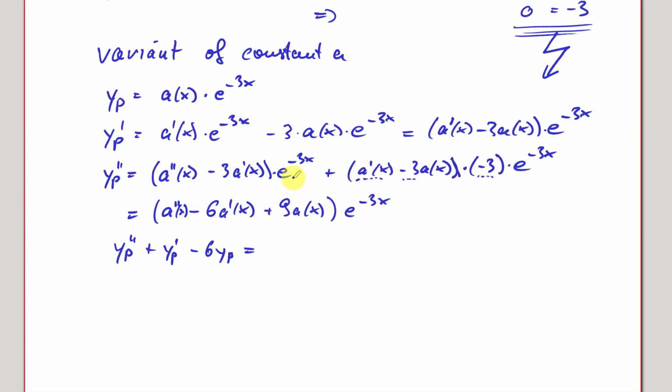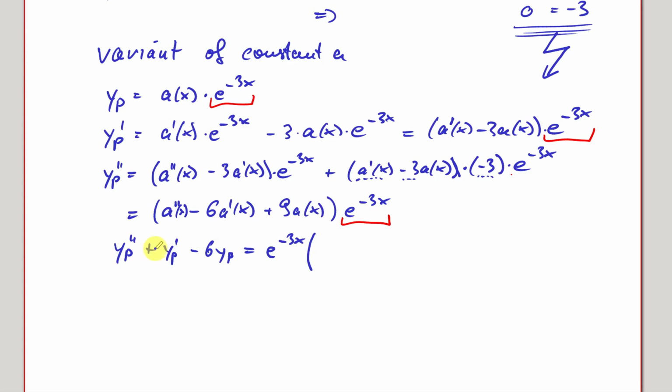Notice every function has this common term: y double prime has it, y prime has it, and y has it. So if we sum it up, we have this e to the power of minus 3x always as a factor.